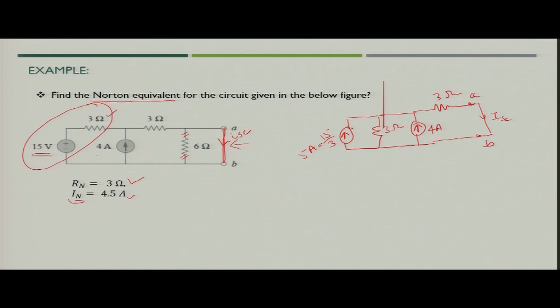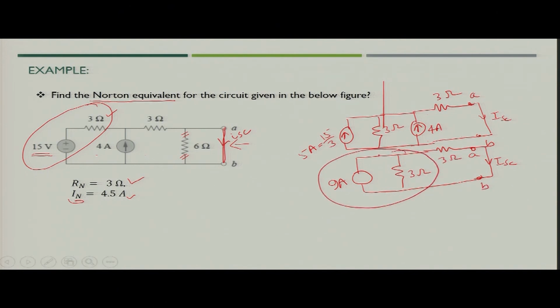Now, if you see, these two current sources are in parallel. So, for the updated current source you can add both of them and it will become 9 ampere. Then you will have the 3 ohm resistance in parallel, another 3 ohm resistance in series, and then you have short circuited the terminal A B. Now, you can again transform the circuit back into a voltage source and one resistance in series.